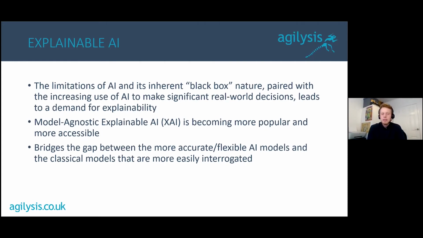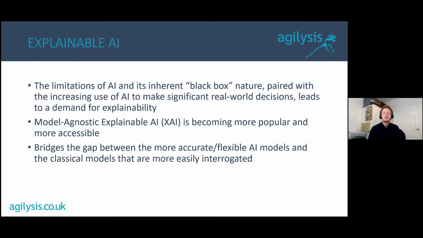There is a need for explainability, but fortunately, there have been leaps and bounds in this area recently. So model agnostic, explainable AI is becoming more and more possible, but more importantly, it's becoming more accessible. There are an increasing number of packages available in R, Python, and other programming languages that pair with the same software that people are using to build their models in order to provide some sort of explainability.